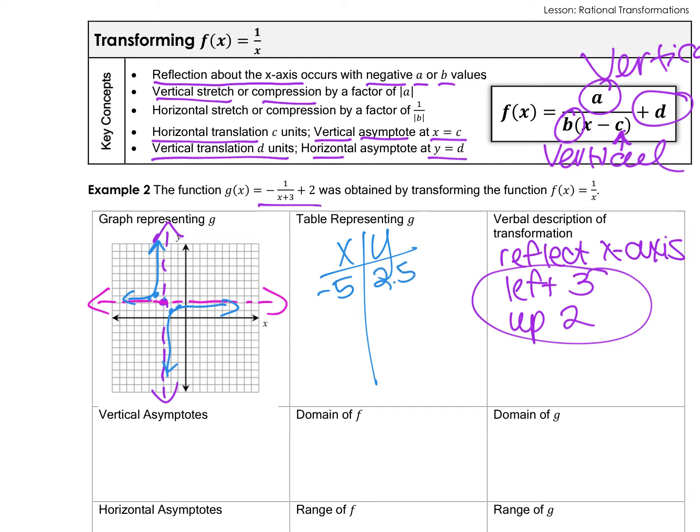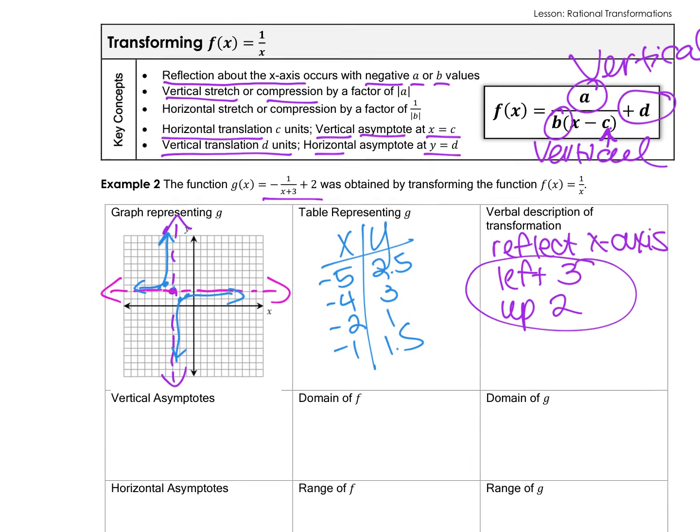And then we plotted the point -4, 1, 2, 3. And then we plotted -2, 1, and -1, 1.5. So those are the points that we found from the parent function. Again, it's easier if you're just plotting the points and then you can look at them and figure out what they would be.